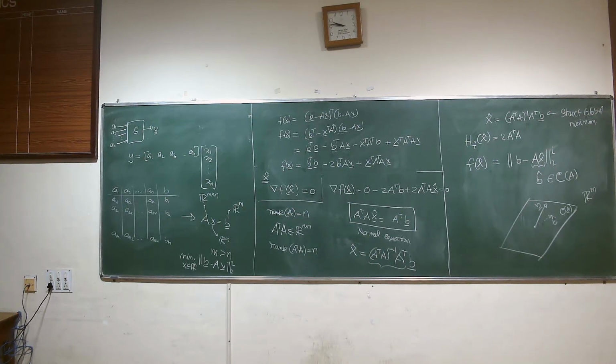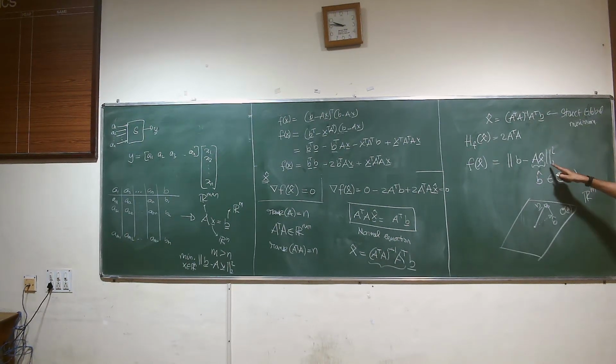And this b cap is obtained by minimizing the two norm of the error vector, which is this, the b minus b cap vector.